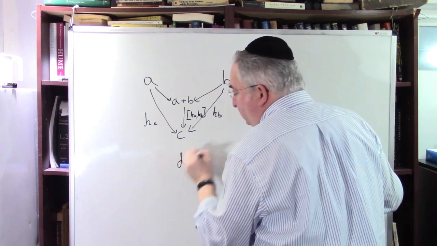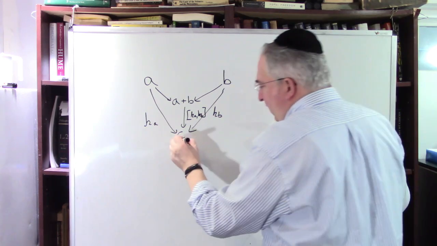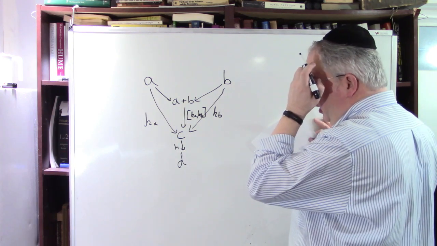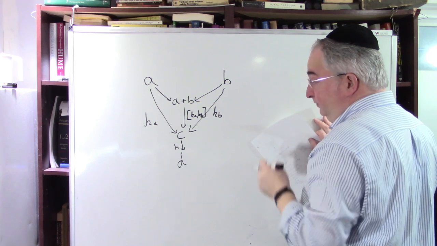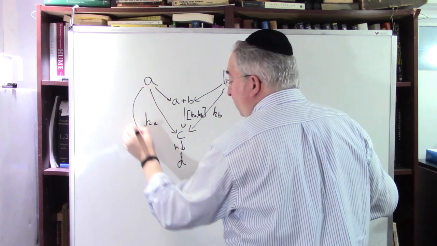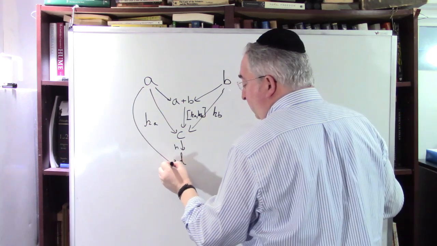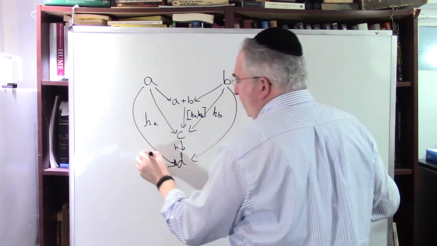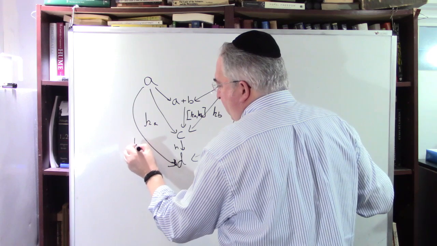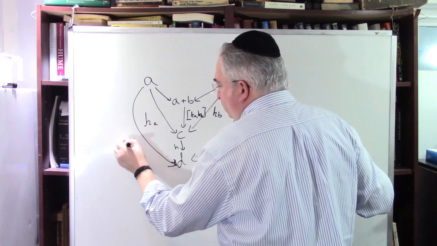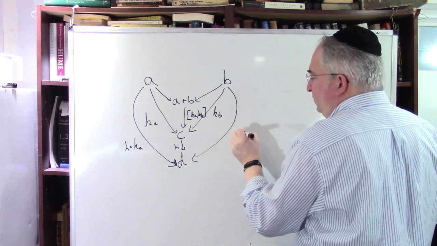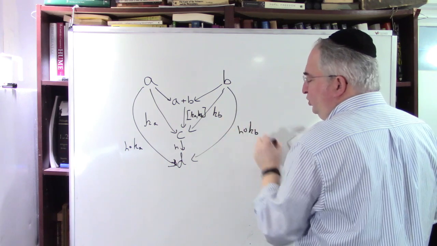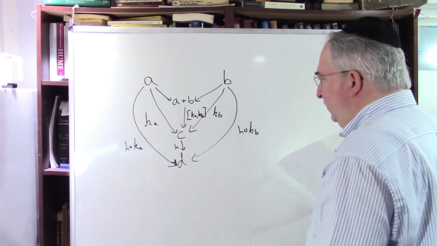What happens if we have a D? And we have a map here called H. So now I have a map here and a map here. Let's go through what these maps are. This is KA composed with H. This is KB composed with H. Okay.